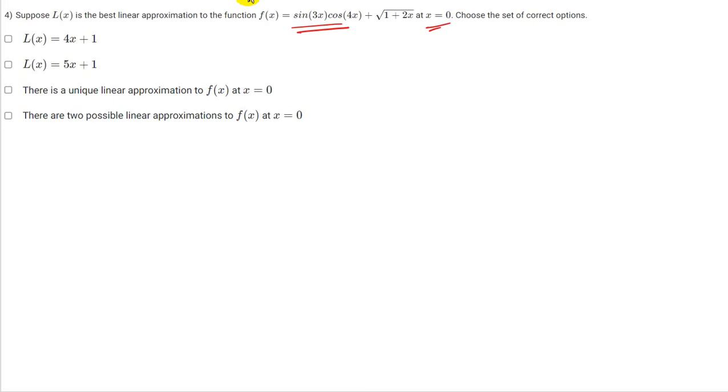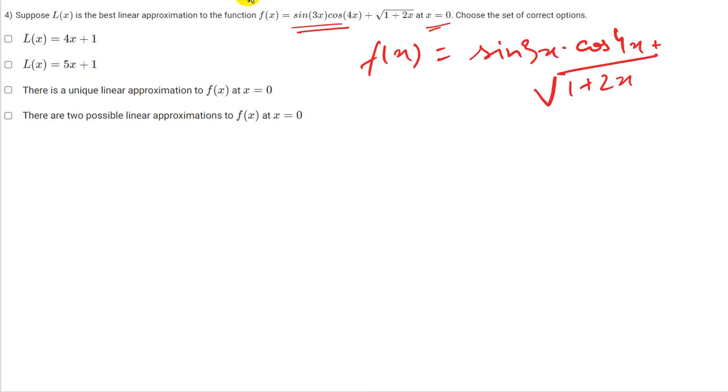Now let us move ahead with just this function in our hand, sin 3x into cos 4x, plus, I'm writing it below, root of (1 + 2x). Okay, yeah, this is the function.